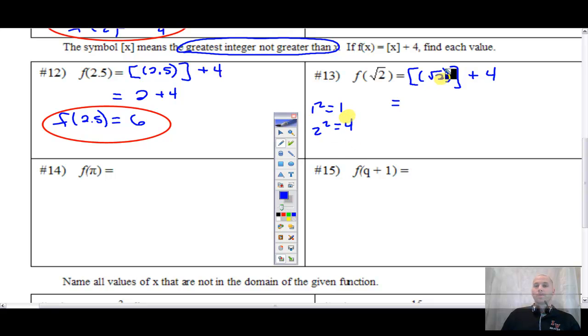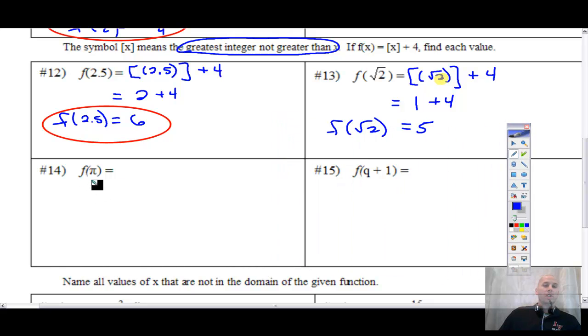Therefore, the square root of this is between 1 and 2. So what does 1 point something round down to? It rounds down to 1. 1 plus 4 is 5. So we got f of square root of 2 equals 5.